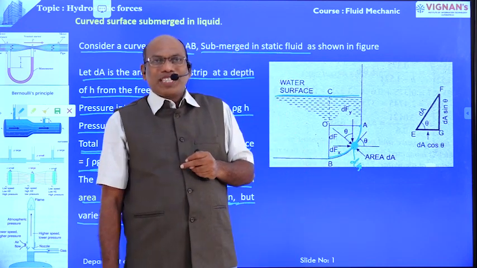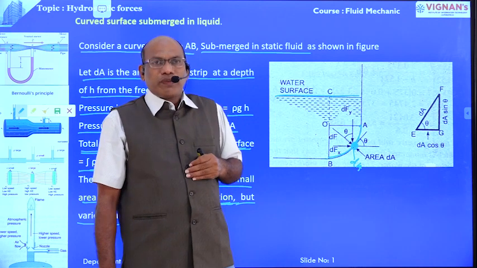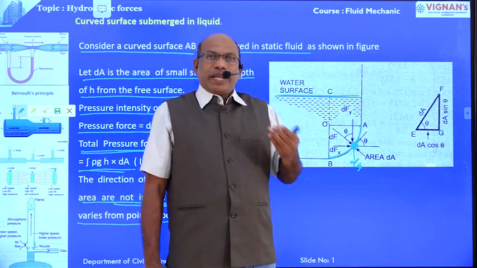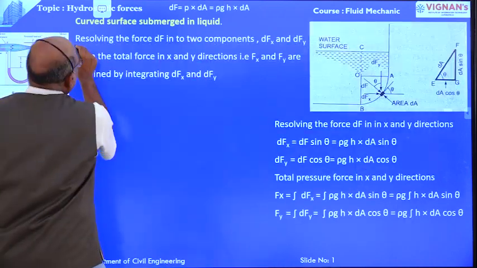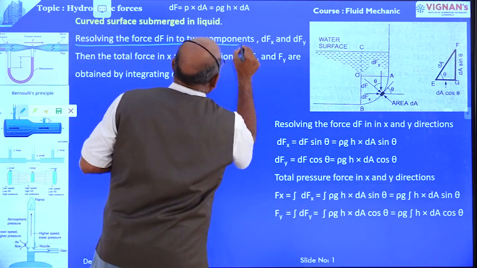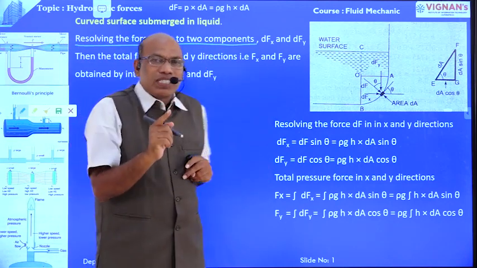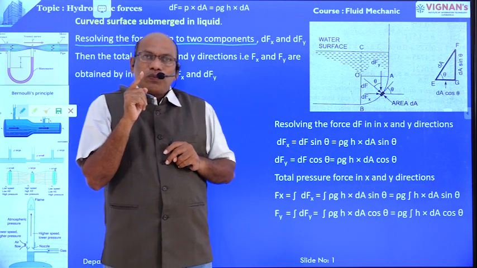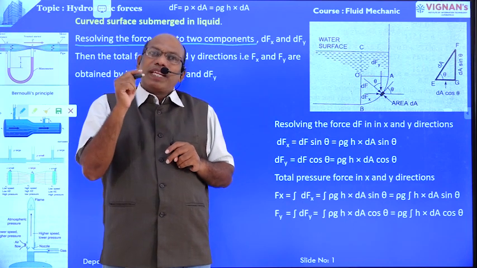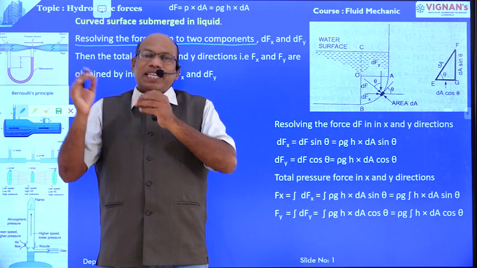Now we are going to determine the total force on the curved surface by using another technique, that is resolving the force dF into two components. Already we have determined the pressure force on the strip, dF is equal to rho g h dA.